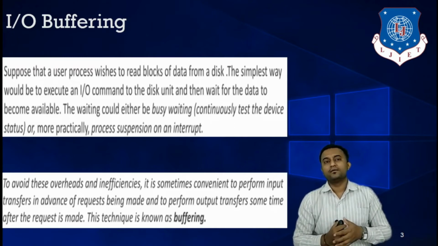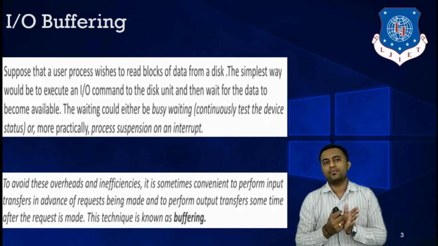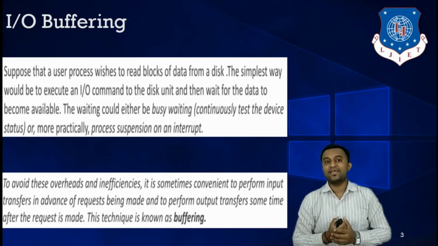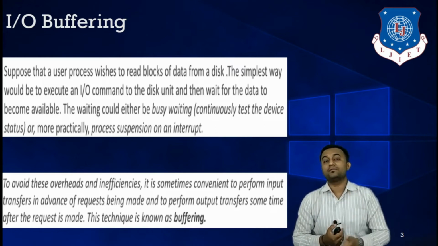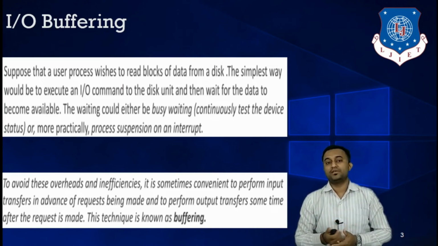If such a process comes into existence, we can priorly store that request data into an IO buffer, so that later we can accommodate more processes in main memory. So this technique is nothing but buffering.